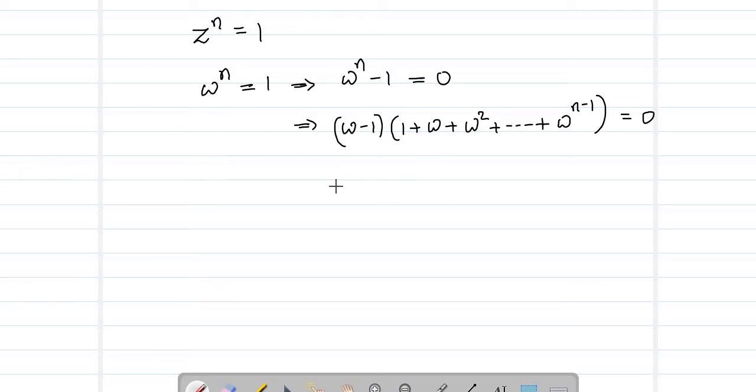So here we know what omega is. Omega is nothing but e power i 2 pi by n. And we know that this is not equal to 0 if n is not equal to 1. If n equal to 1, then it is going to be 0.